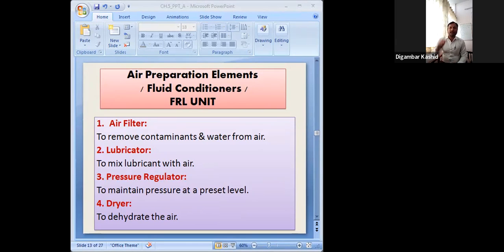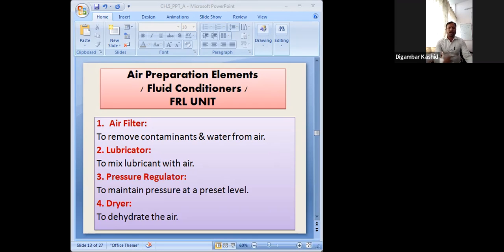Another name for this FRL unit is the fluid conditioner. In some books you will get this name. It is also called the air preparation element.